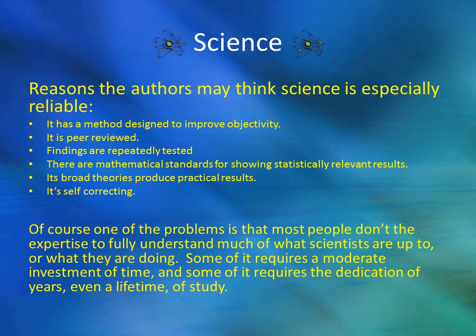There are mathematical standards for showing statistically relevant results. So instead of saying, hey, look, I seem to notice this correlation here, they actually mathematically test the correlation and see if it's statistically significant. And usually you don't just do this on one occasion where something might just by chance appear to be statistically significant, but you do it several times.